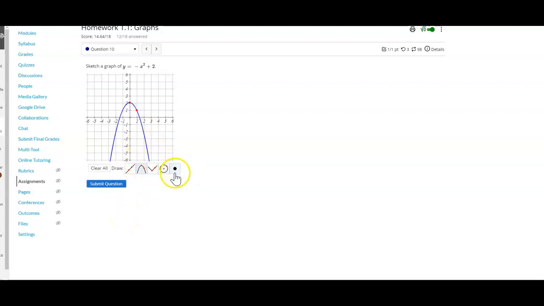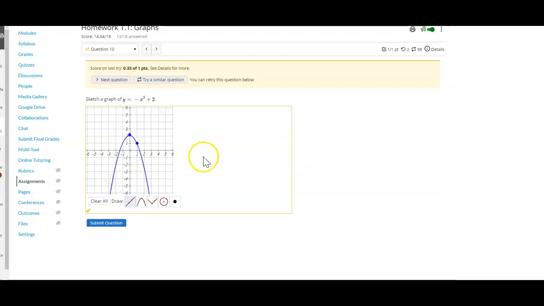But notice that I didn't use this point thing, because if I try and use this and put the points on here, then it tends to mark it wrong for some reason. Oops, that looks really bad, but anyway, there's another point there. But see, if I submit the question there, right?